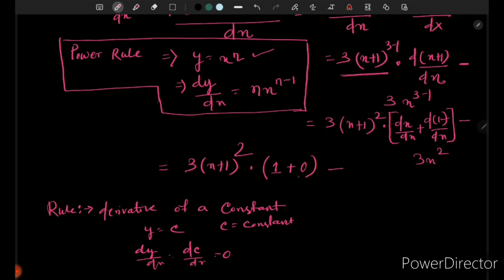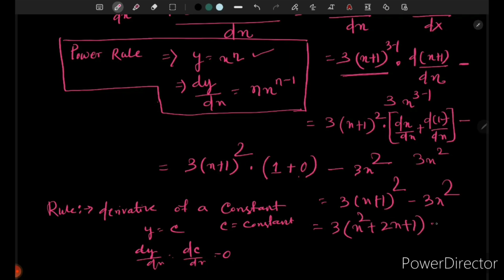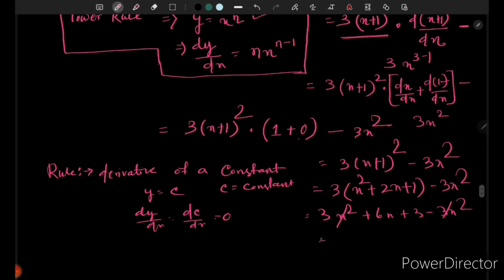So minus 3x square, again 3 into (x plus 1) square minus 3x square, so I'll write it as 3 into (a plus b) whole square, then x square plus 2x plus 1 minus 3x square, so I'll write it as 3x square plus 6x plus 3 minus 3x square, so 3x square cancel out, so 6x plus 3 is the answer.